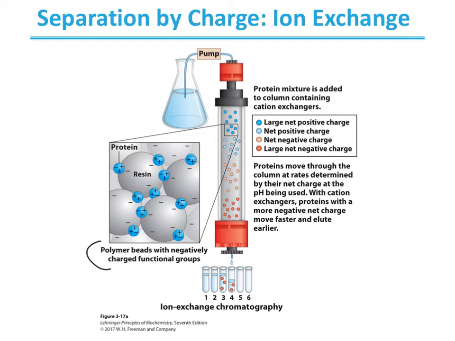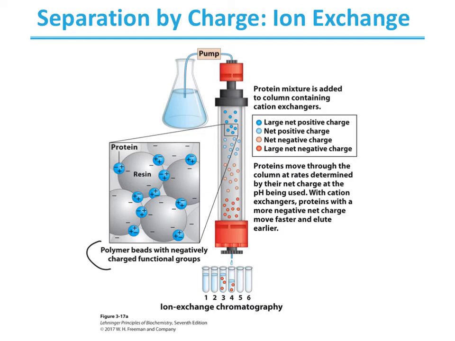With the cation exchanger, the proteins that are positively charged will have an attraction to the negatively charged resin, and therefore they will move much slower through the column than the compounds that have no charge or have a negative charge. The compounds that have a negative charge will be repelled by the negatively charged resin and will move through faster.